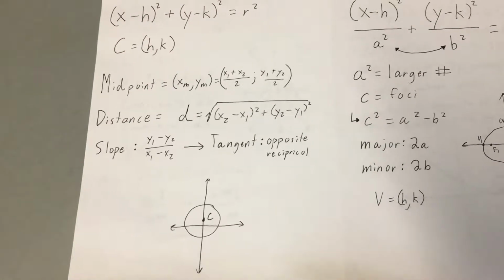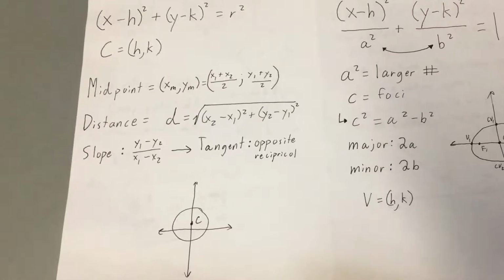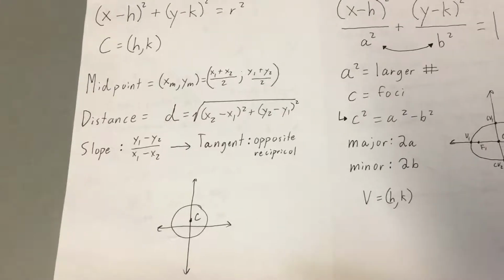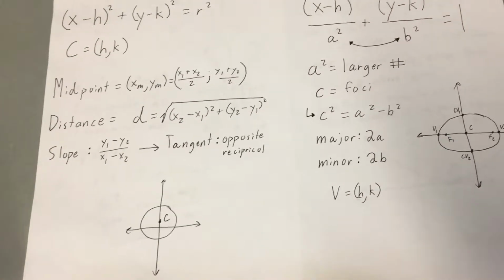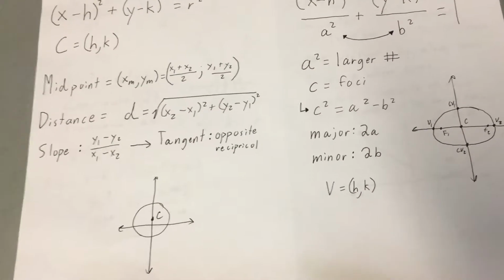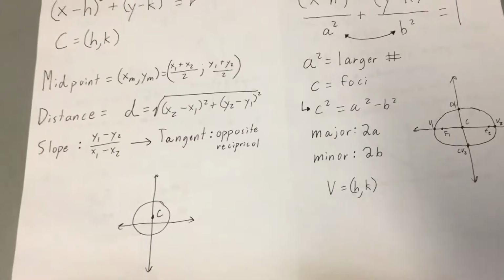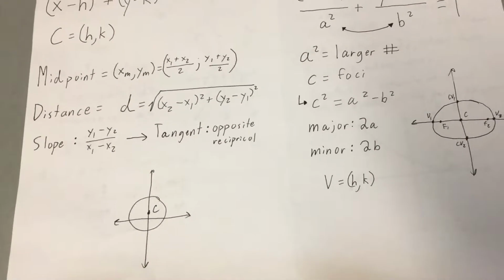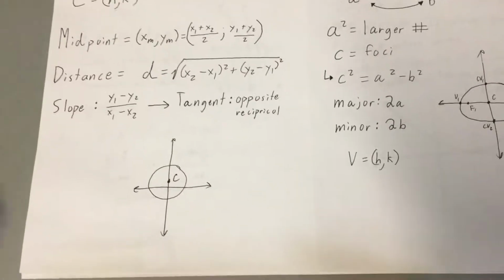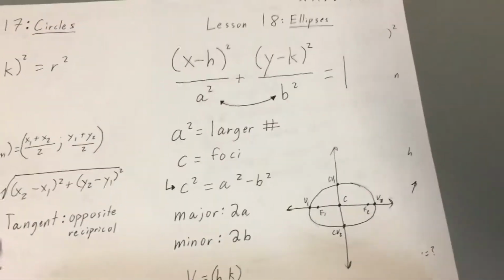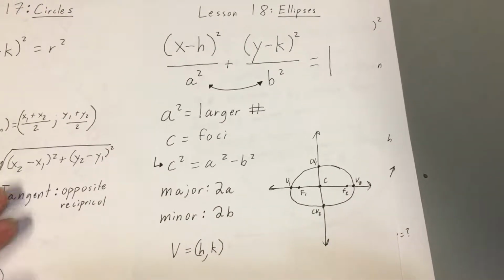And the slope would be (y1 - y2) over (x1 - x2), and in order to find the slope of the line tangent to that circle, you're going to find the opposite reciprocal of that slope. So here we have a circle, and then now on to ellipses.